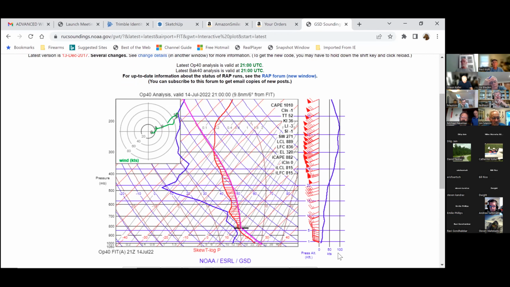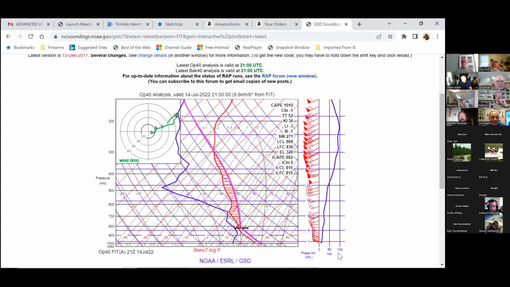You can see it's rising at about 30 degrees centigrade. And that blue line is what happens to that parcel as the air expands and cools. So if you take a parcel of air at the surface, it follows that purple line expanding and cooling until it starts forming a cloud.